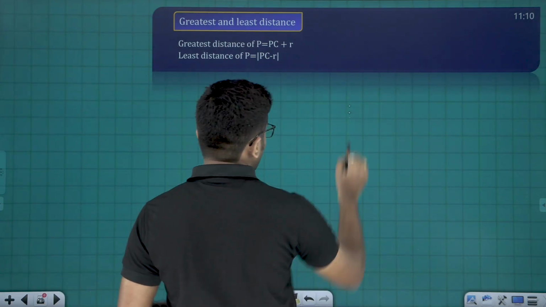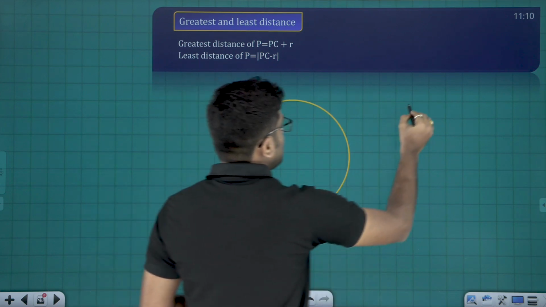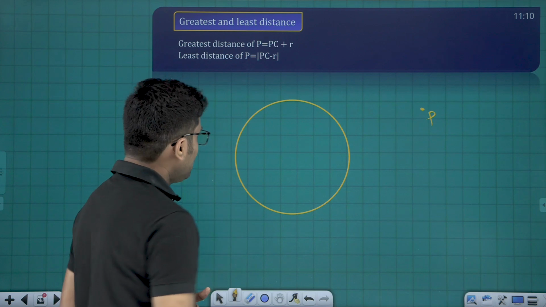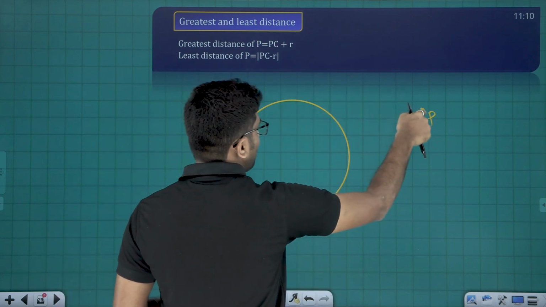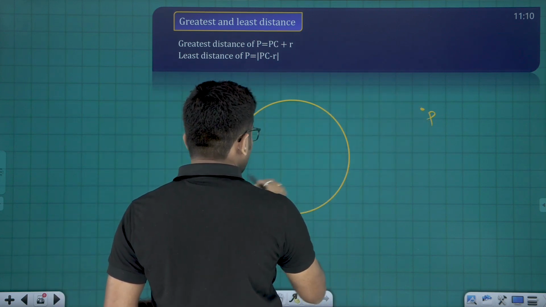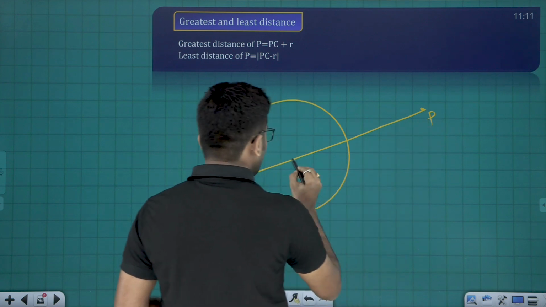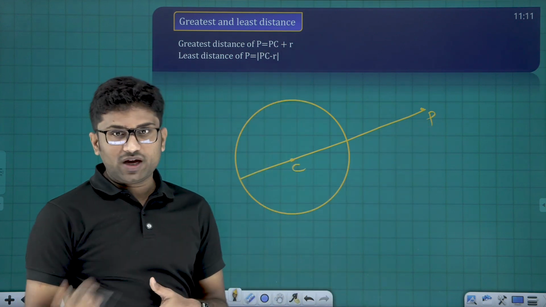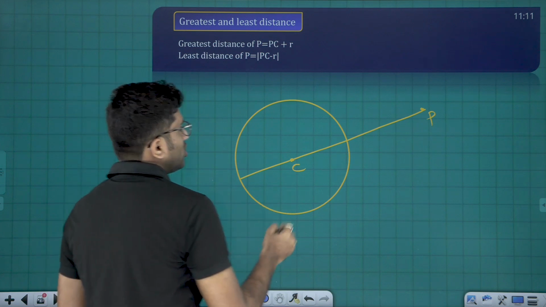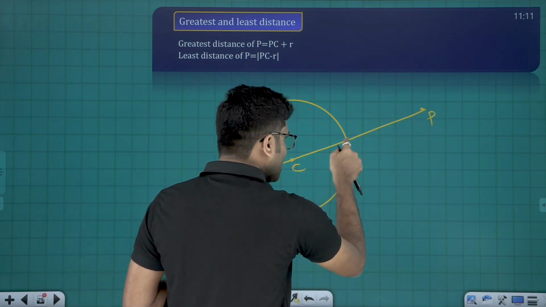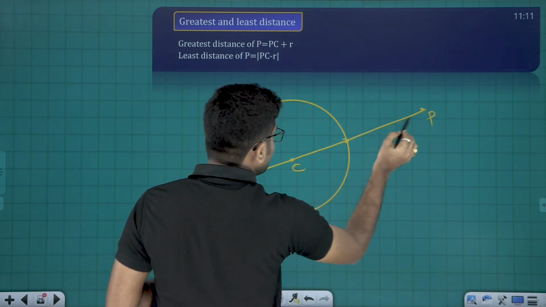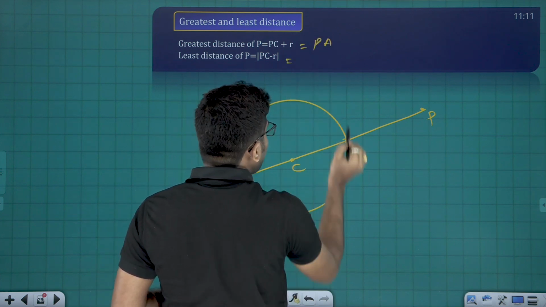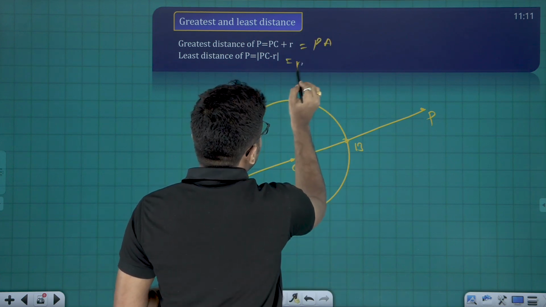Next, greatest distance of a point. Let's say P is a point lying outside the circle. Now the greatest distance of point P from the circle will be PC plus R, and the least or shortest distance will be PC minus R. So PA will be the greatest distance and PB will be the smallest distance.